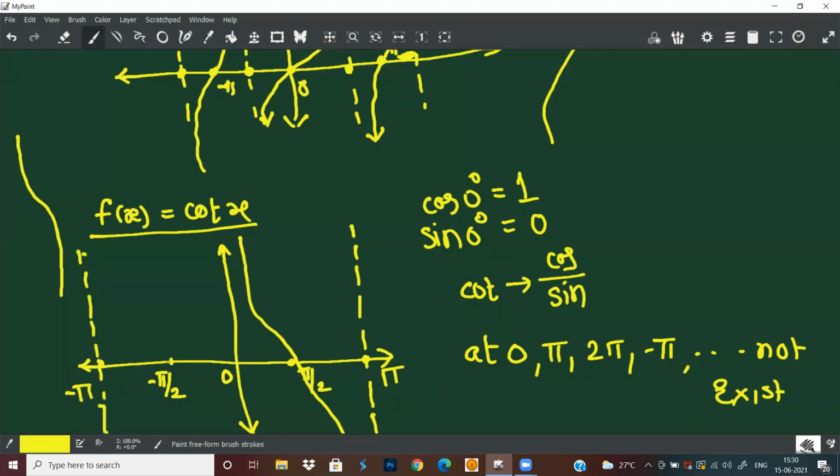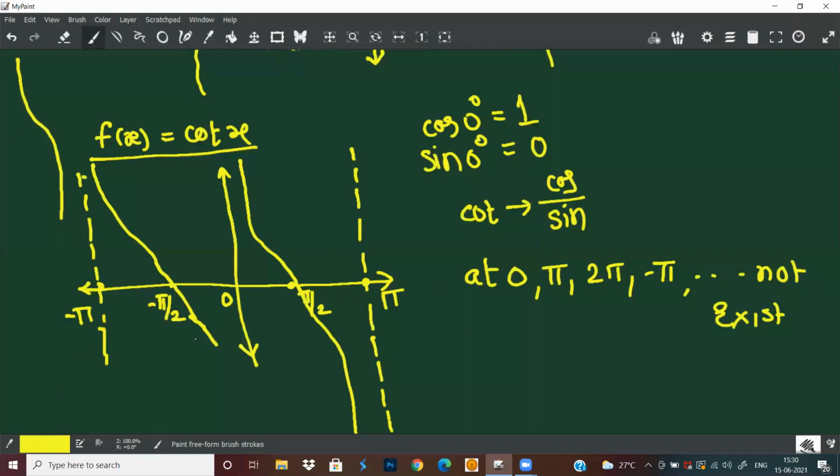At minus pi by 2 it will be turning 0, right? इसको parallel जाएगा. Is that clear? Yes, perfect. Great. These are the small minute observations that you have to keep in mind, graphs.